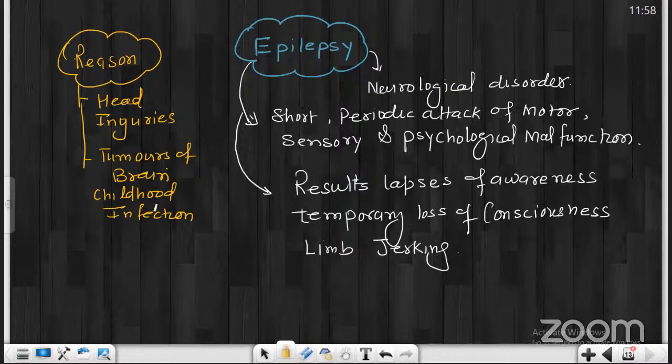Now what is the childhood infection from? Such as measles, mumps. Mumps is caused by the mumps virus, right? And whooping cough.